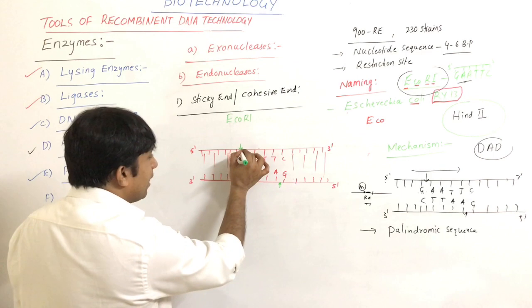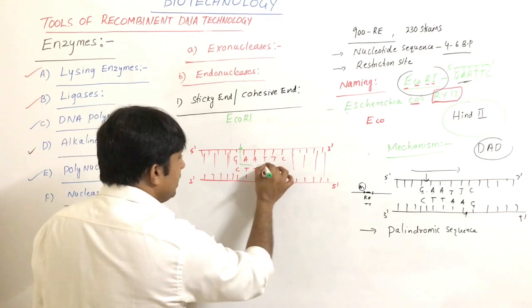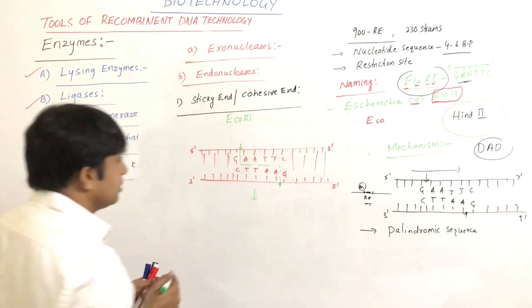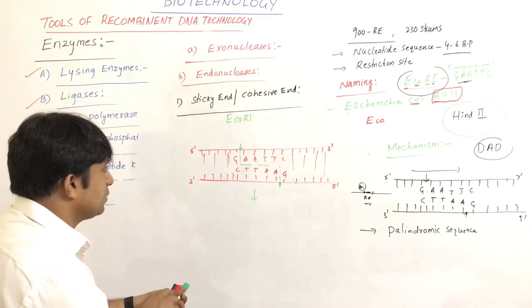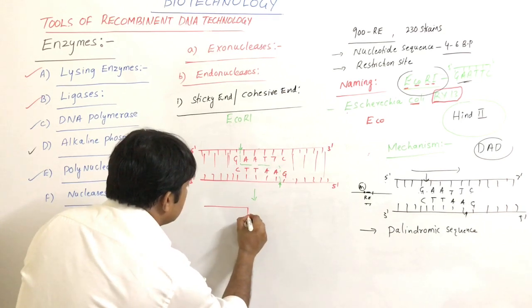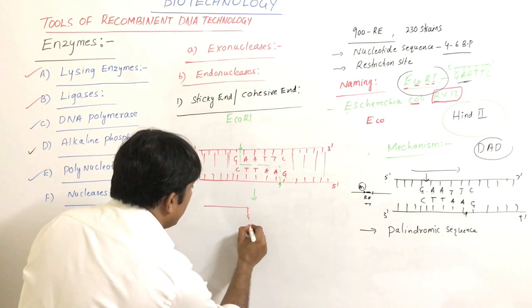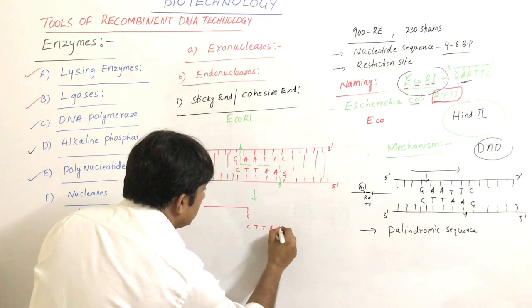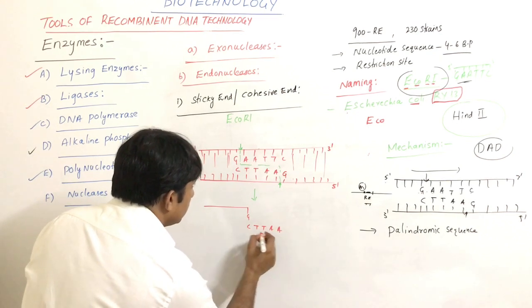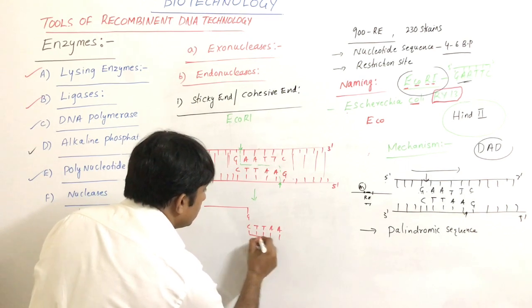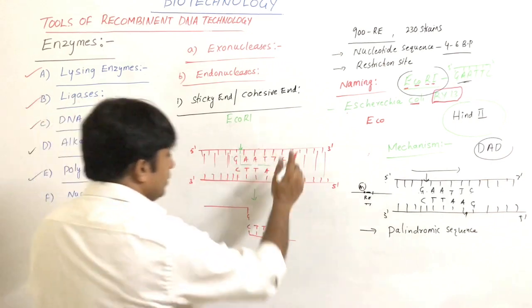Suppose it makes a cut like this, the DNA strand is cut in this way. So you get two fragments like this. This is one fragment, and this is another fragment.